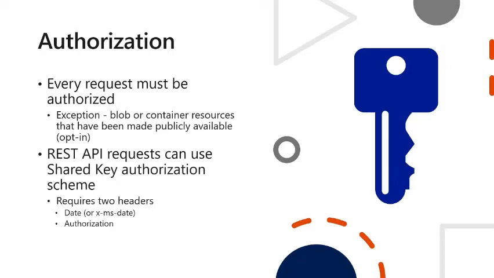Shared key authorization for the table service in version 2009-09-19 and later uses the same signature string as in previous versions of the table service. So you have different types of authorization. One of them is shared key, which is mostly used for storage services.